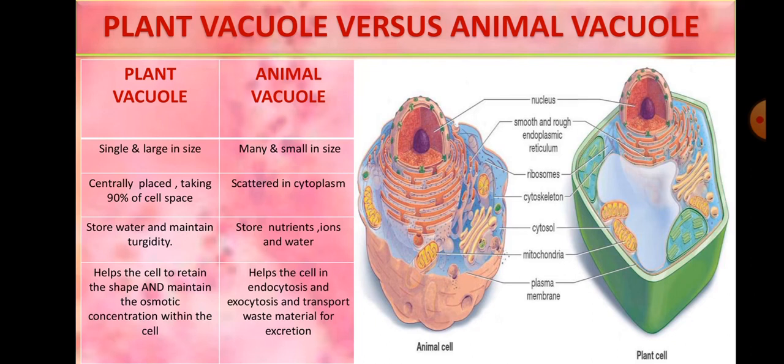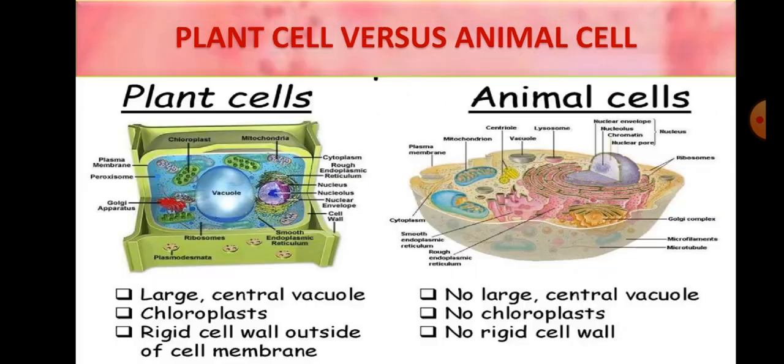So, osmotic concentration is maintained with the help of this vacuole. Animal vacuoles help the cell in endocytosis and exocytosis and also transport of waste materials that need to be excreted out of the cell. So, vacuoles, although small or big, are serving a very, very important function within a cell.